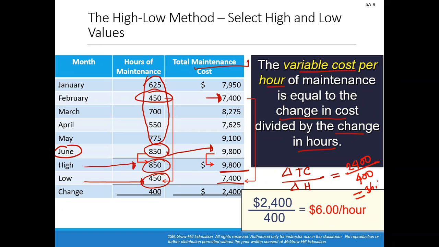As you're dividing this by the hours, you can mention that this $6 is per hour. What do you think? This indicates the variable cost per hour, which we learned a few minutes ago in the technical definition.